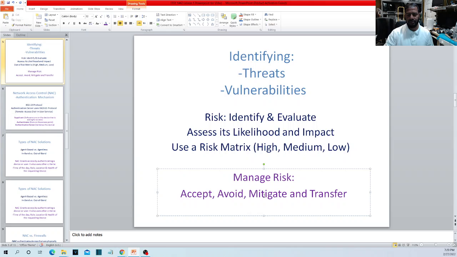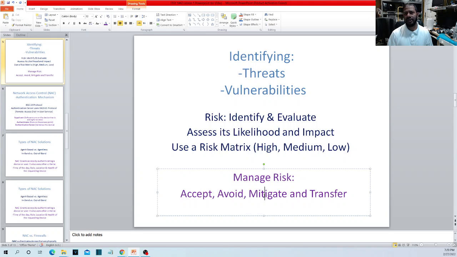Mitigate. Mitigate means you have a risk, you can't avoid it, and you cannot accept it. It's too high of a risk. Then you say, well, what can I do to reduce the risk? For example, the risk for a virus to attack our computer system, that is something you cannot eliminate all the way.